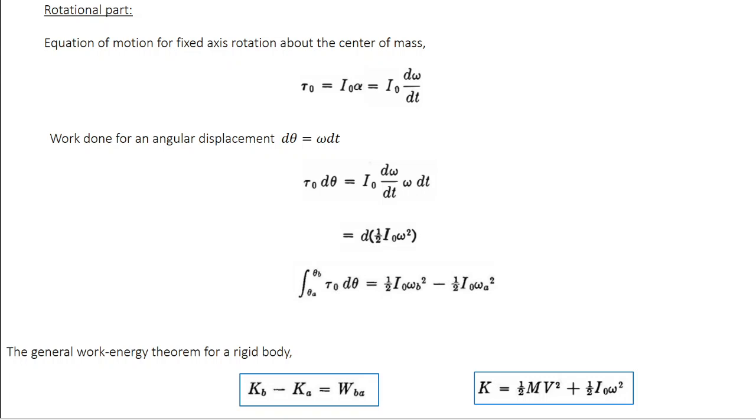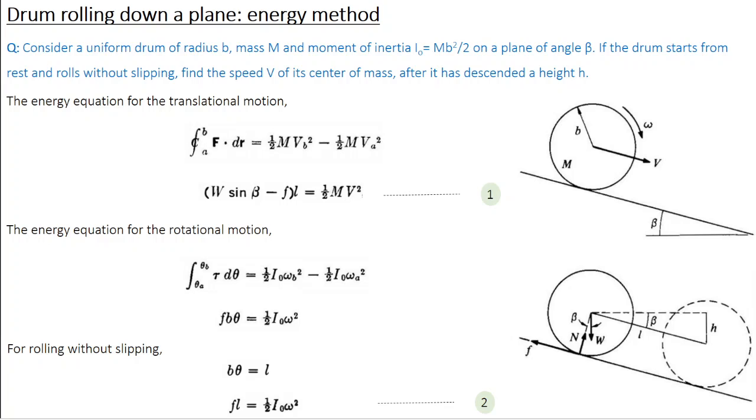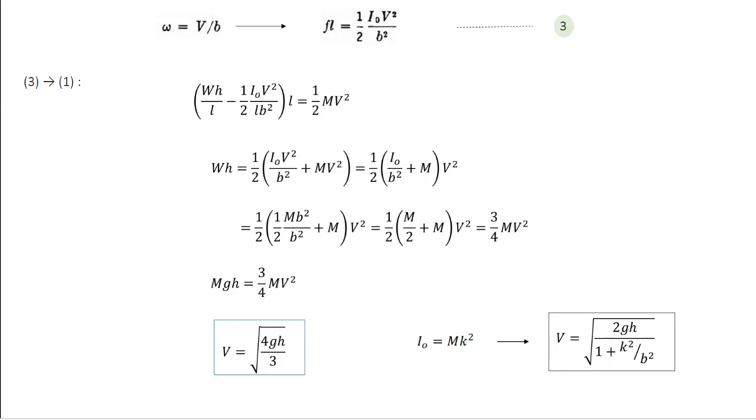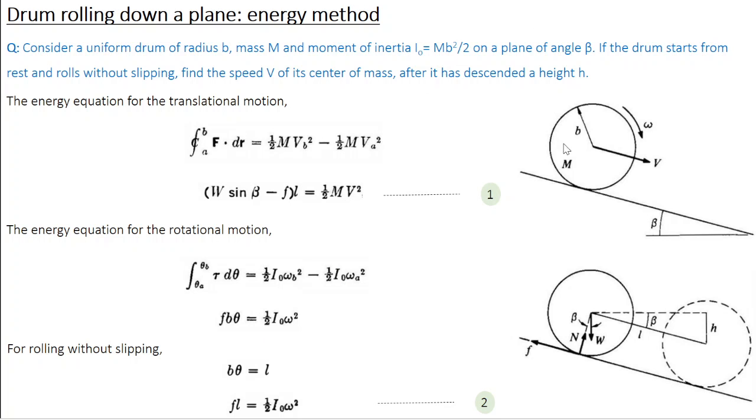Now let's use this information to solve some physical problems. If you recollect the problem of a drum rolling down a plane in the previous class, we found an equation for the acceleration. In today's class, using the energy method, let's derive an equation for the velocity.